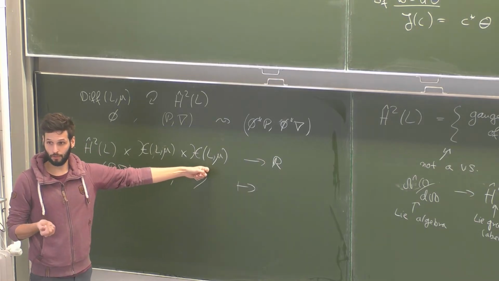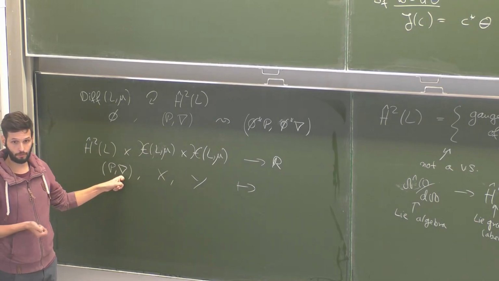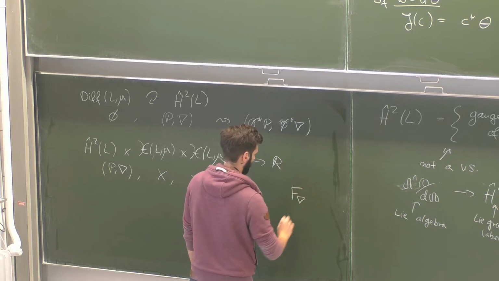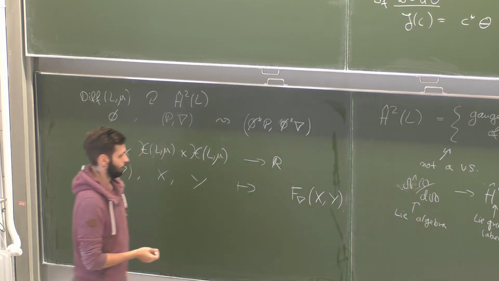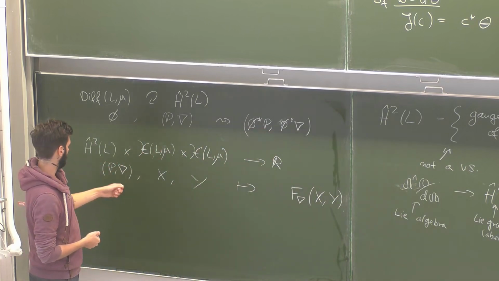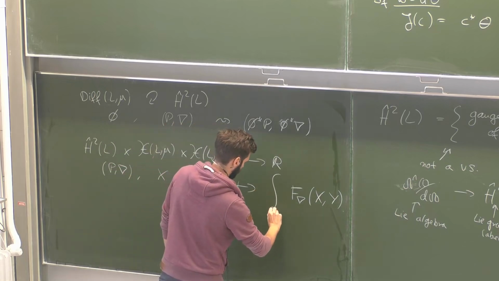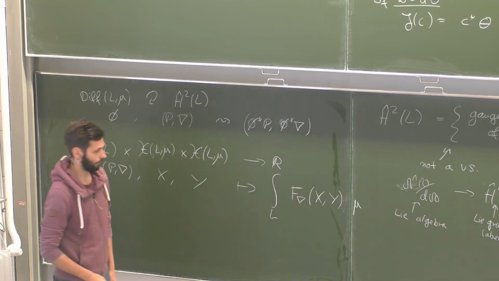The natural choice would be a two-form. So we need to produce a two-form out of a connection. So we take the curvature of the connection, we plug in two vector fields. What we end up with is a function on L, and then we integrate that over the volume form that we have.